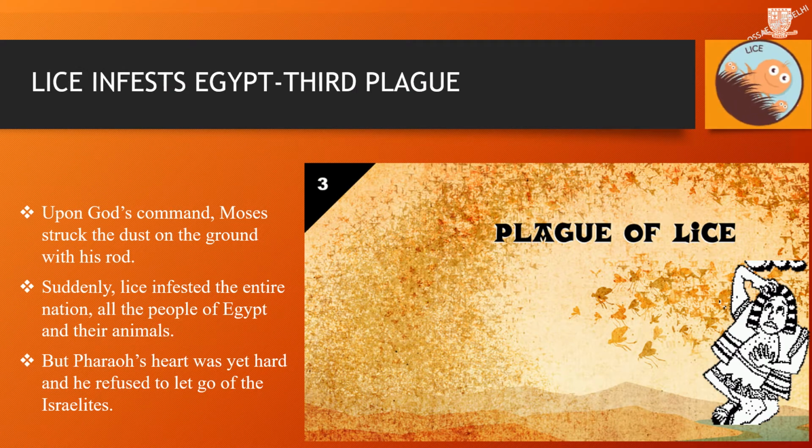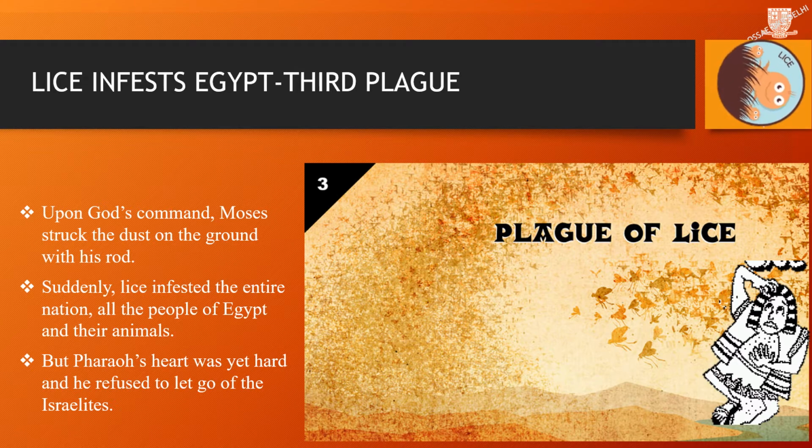So then God sent the third plague, and upon God's command, Moses struck the dust on the ground with his rod. Suddenly lice infested the entire nation, all the people of Egypt and even their animals.